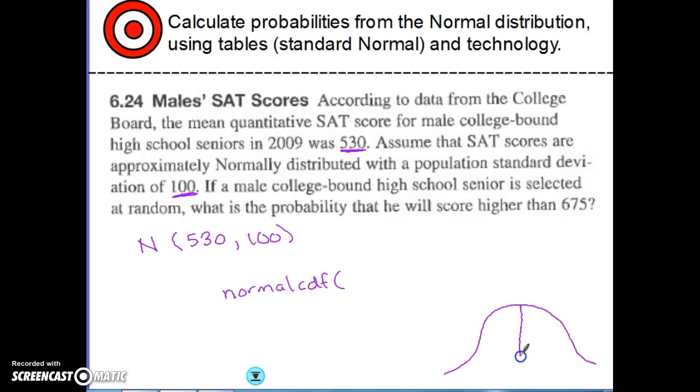Because if I know my mean is 530, that means that I'm looking at the score of 675 or higher. So I'm looking at this region up here. So based on my shading, I can see the bottom of my region, the lower value, is going to be 675. My upper value is a very large number, so I'm going to go with like 10,000 just to make sure it's nice and big. Okay. And then I need my mean and my standard deviation.